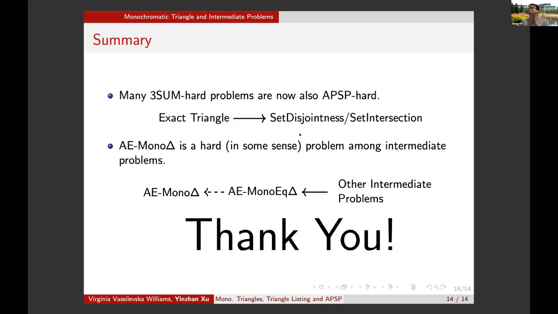What are the sizes of the sets of colors and values? It really depends, because the set disjointness problem and set intersection inherently can have a lot of parameters, like the size of the vertex sets and the density of edges.